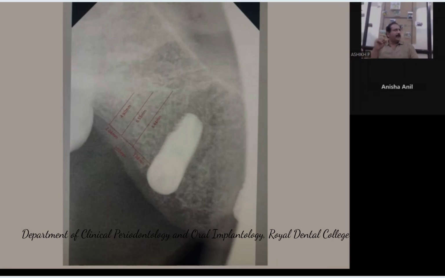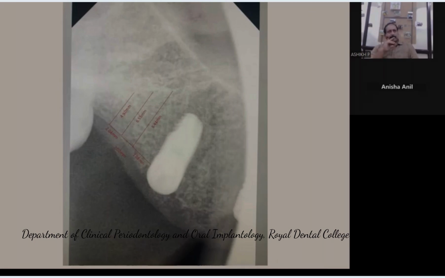Minus 2.5 will be your implant diameter possible. If you happen to get 5 millimeters of bone width in your desired area, how will you manage it? The only permitted diameter of implant becomes 2.5 here.